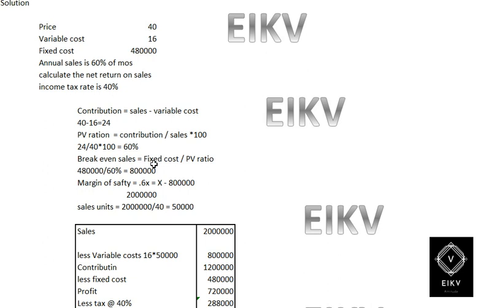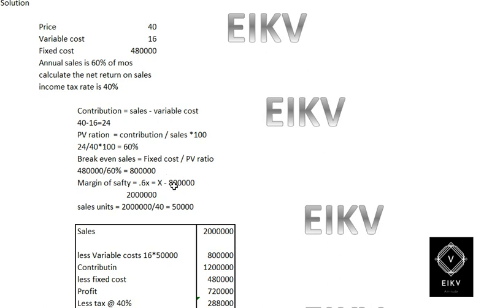For the computation of the break-even sales, we need to divide fixed cost by PV ratio. So the fixed cost 4,80,000 divided by the PV ratio of 60% will give you the break-even sales as 8 lakh.